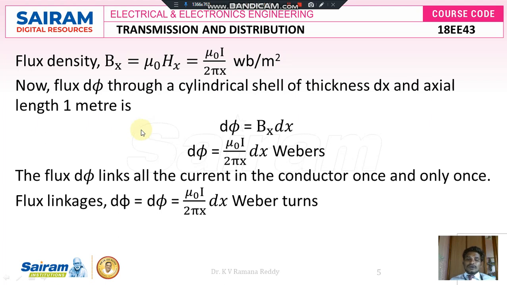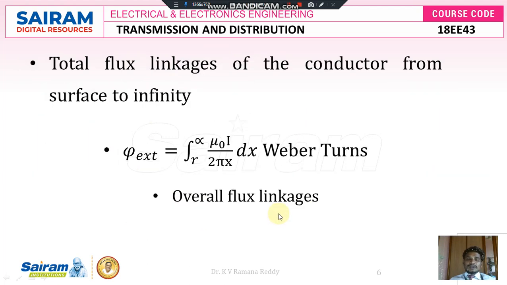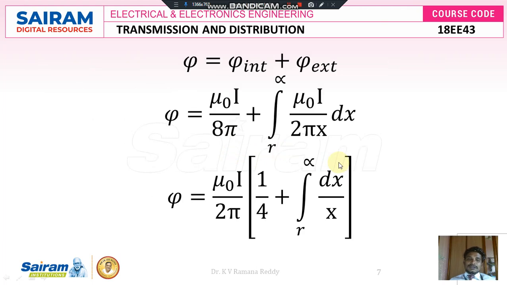So as of now we have the formula d phi is equal to mu naught into I by 2 pi x into dx Weber turns. Then the total flux linkage of the conductor from the surface to infinity, that is from the conductor radius r to infinity, mu naught into I by 2 pi x into dx Weber turns. Therefore the overall flux linkage has internal flux linkage and external flux linkage.